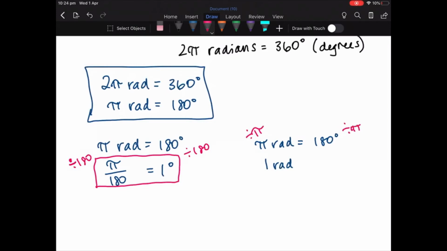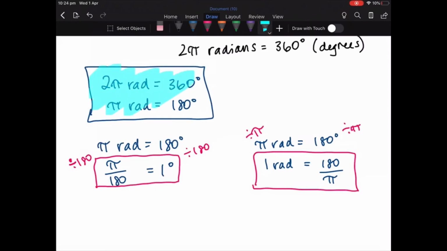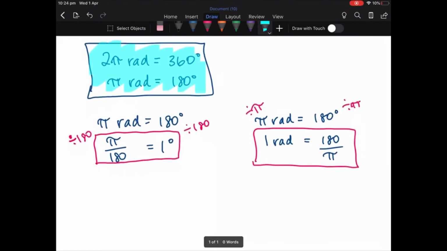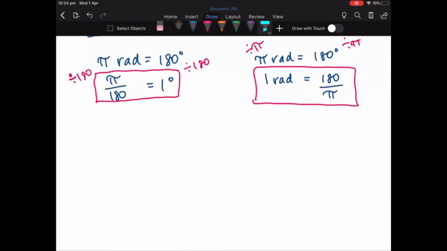Then I also have to divide this side by pi, and I get 180 over pi. You should always be able to derive both of those from knowing this one. This is the one that you should know off by heart, and then you can always derive both of those equations. Now that we've got those, let's do some conversions.